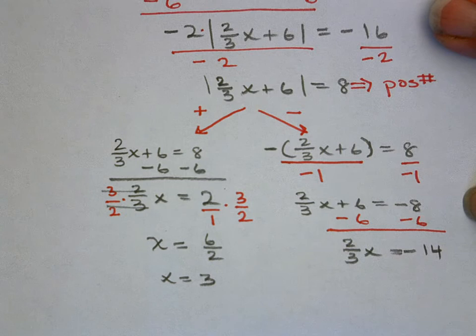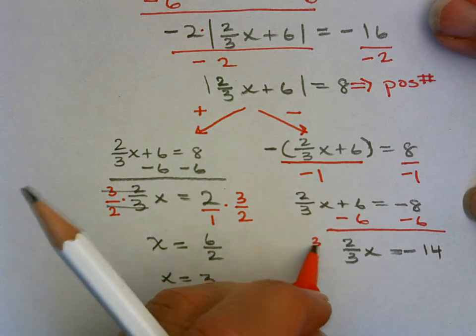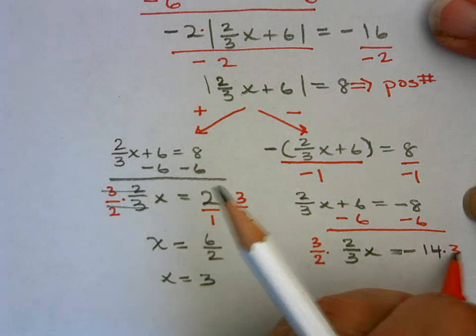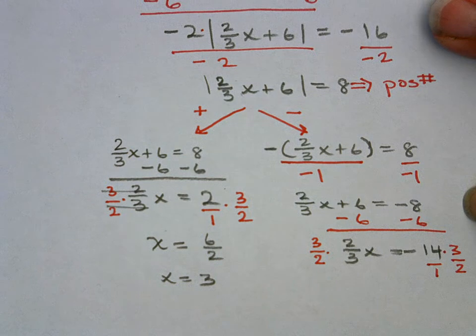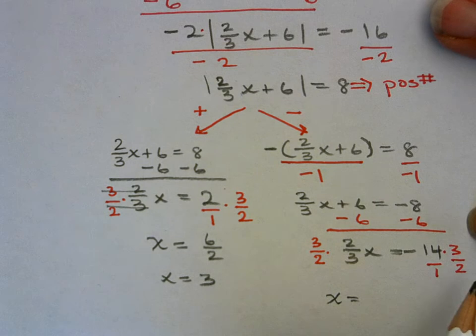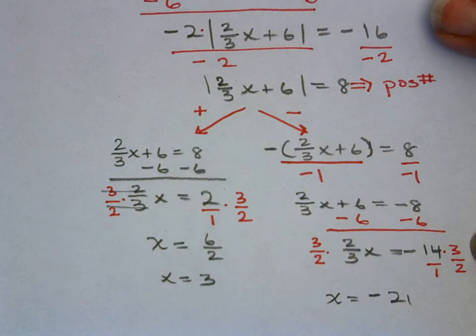And then multiply by the reciprocal again. So multiply by that 3 over 2, that over 1. So then x is equal to negative 42 divided by 2, so negative 21. So x is either negative 21 or 3.